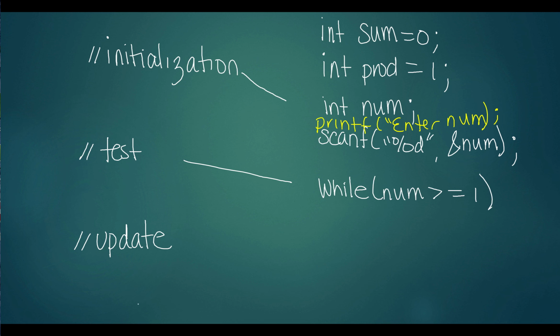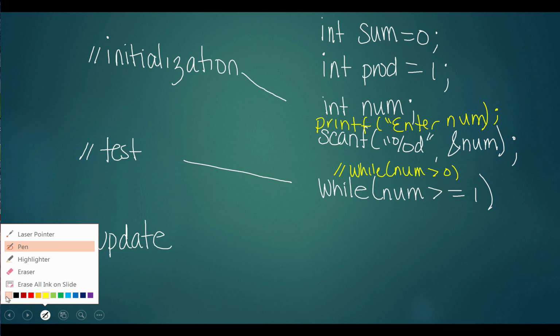The same test could be, as long as it's the right test, while num is greater than 0. If you think about it for a minute, because we're dealing with whole numbers and integers, num greater than 0 starts with the number 1. So you could either have while num is greater than 0, or while num is greater than or equal to 1. Again, it doesn't matter as long as it works. You can use either one.